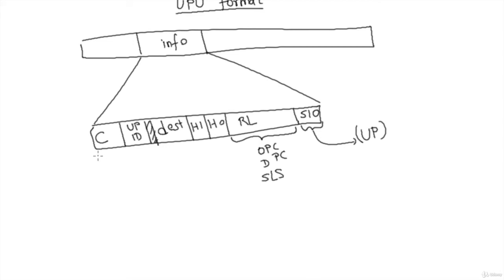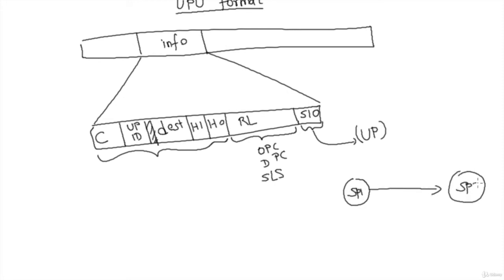Now the main part of this message is this one, because other parts are there in other MTP3 messages also. So if MTP3 is trying to send this message from SP1 to SP2, it is trying to send that the user part ID which is unavailable is this, which is UPID. It's a 4-bit user part.